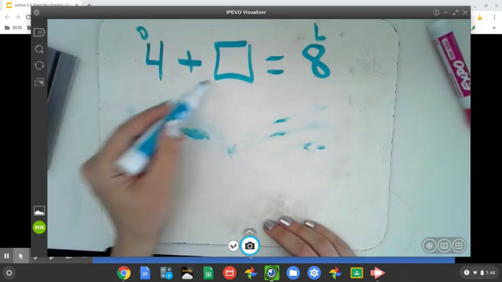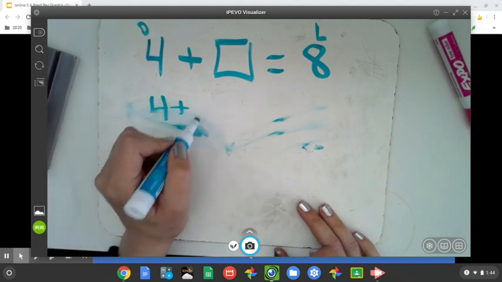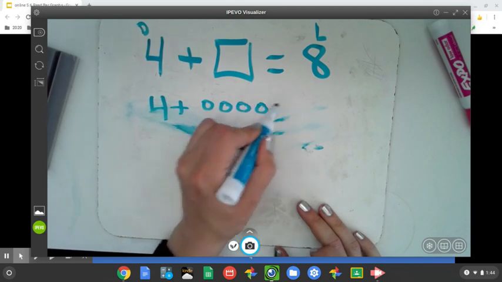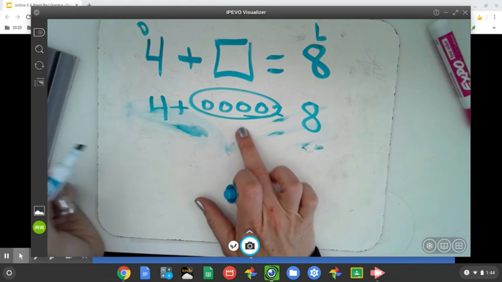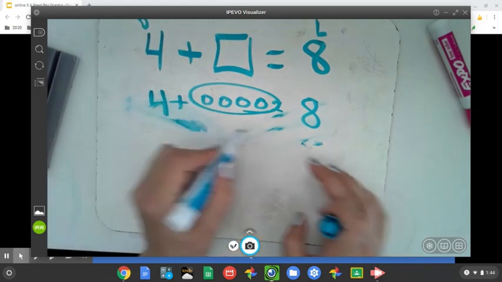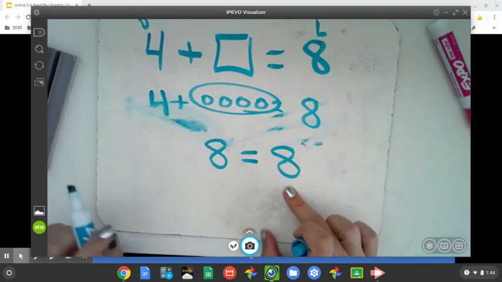Here's my lilies. 4 plus unknown equals 8. Well, we know 4 plus 5, 6, 7, 8 equals 8. So my unknown is I would need 4 additional daisies in order to have the same number of lilies.